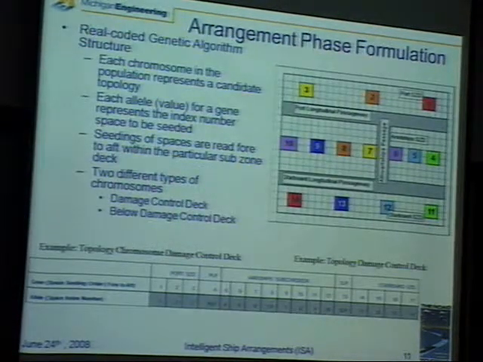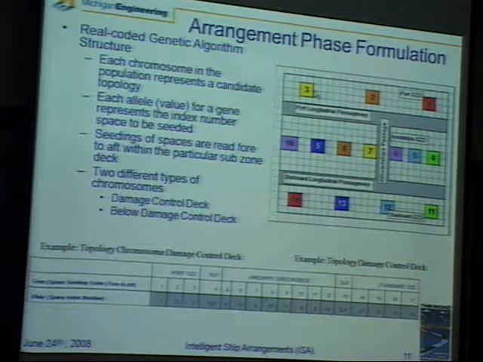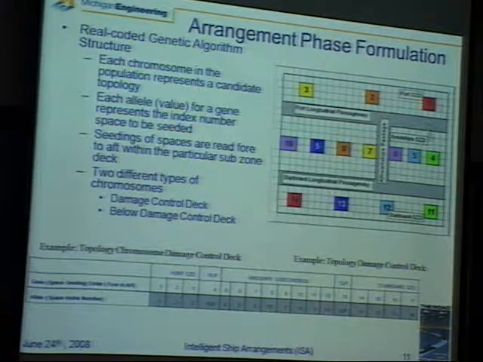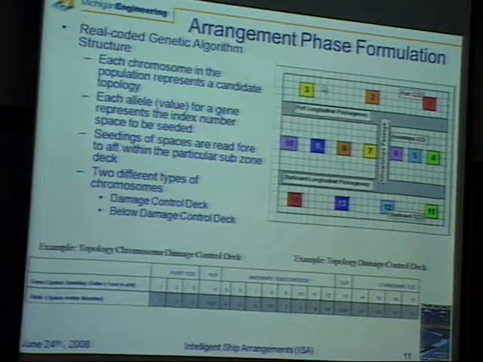Once the allocation is done, we have to geometrically arrange these spaces.